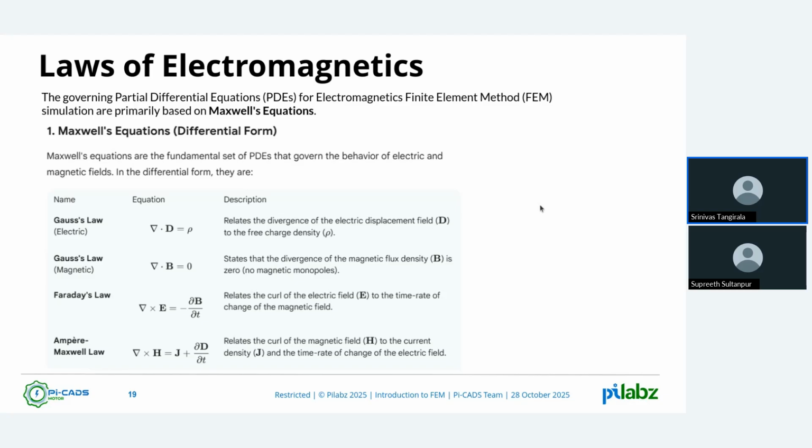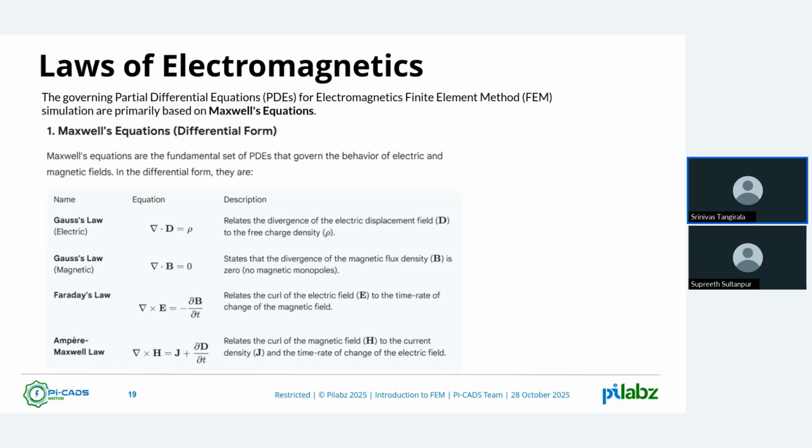As you saw in yesterday's motor discussion also, we pass current into the coils and it generates a rotating magnetic field. That's what rotates the rotor. So basically, that's what this rate of change of magnetic field producing electric field is. It is actually used in generators also. This is the principle of generators.